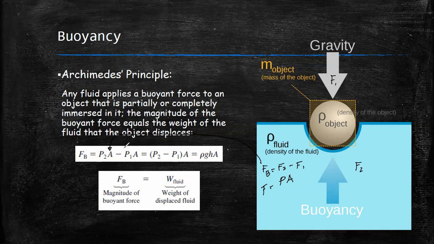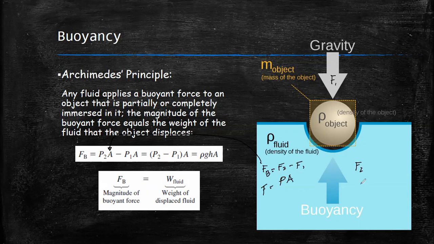Okay, so we know that the area between them is equal. Then we can have the difference between the pressures times the area. And according to our discussion of pressure by depth, the difference between the pressures is equal to the specific weight times the height.